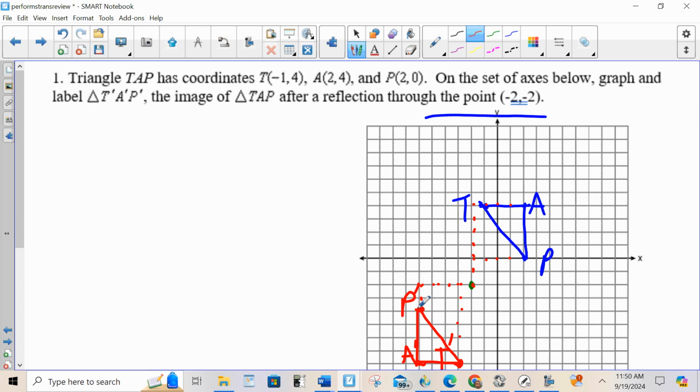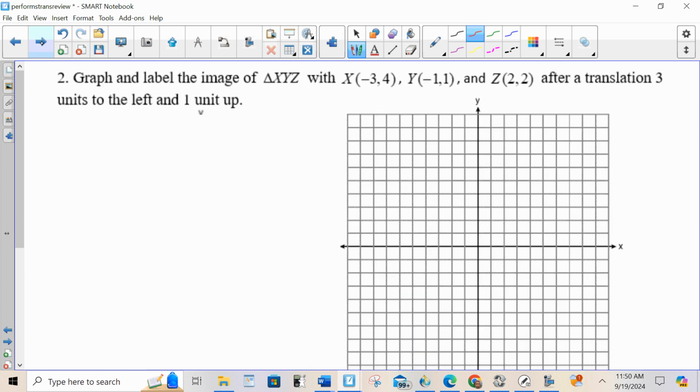No, I'm good. Number 2, I got triangle XYZ with X negative 3, 4, Y negative 1, 1, Z 2, 2. It wants me to translate it 3 left and 1 up. So I'm going to take each point and I'm going to count 3 left and 1 up.